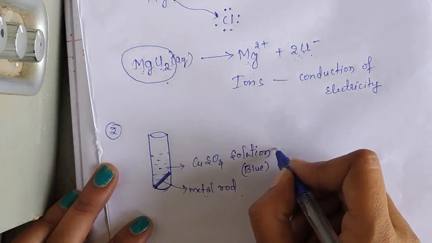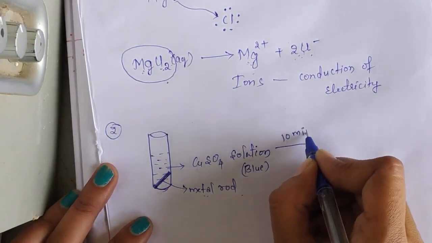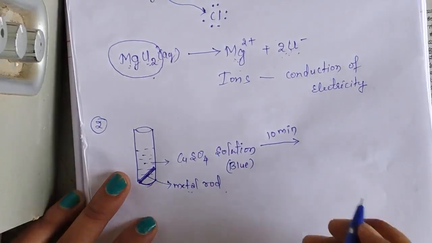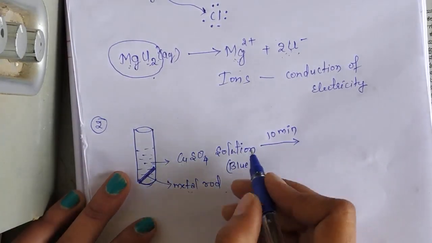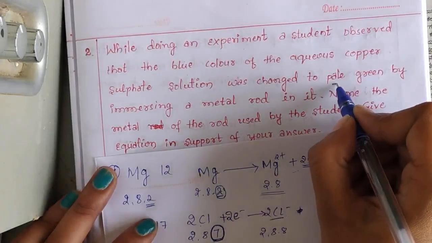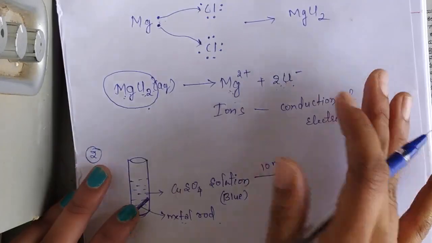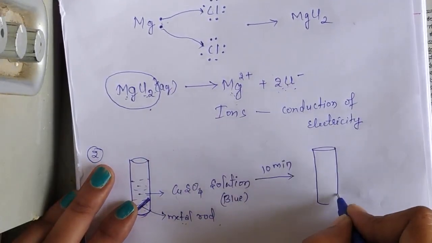This test tube is left undisturbed for around 10 minutes. After 10 minutes, if we observe this test tube, the blue color of the solution changed into pale green.